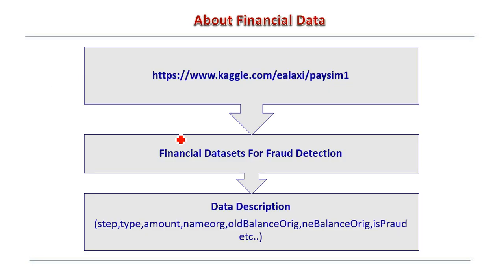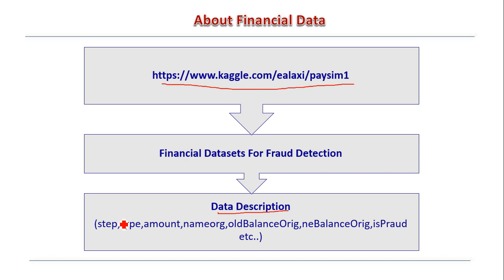Let me talk about the data here. What data I collected for implementing this project, which is suitable for implementing this project. I did a lot of research to get this data. I downloaded the data from Kaggle, which is a financial data set for fraud detection. These are the attributes in the data set: step, type, amount.